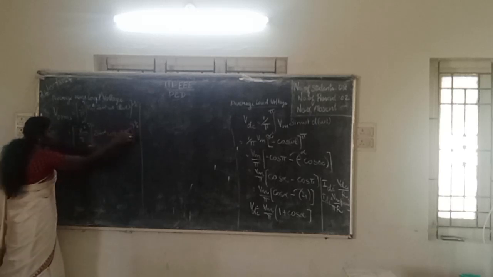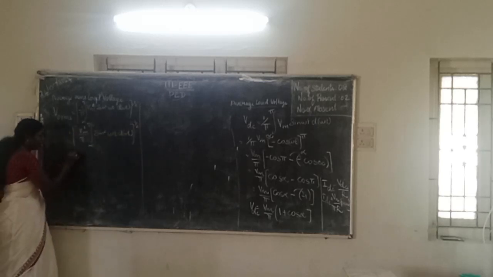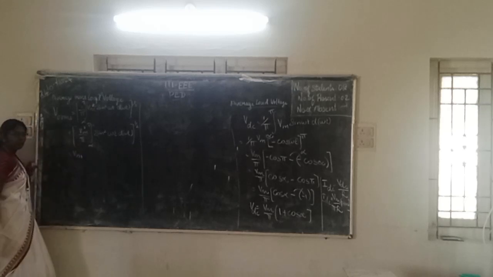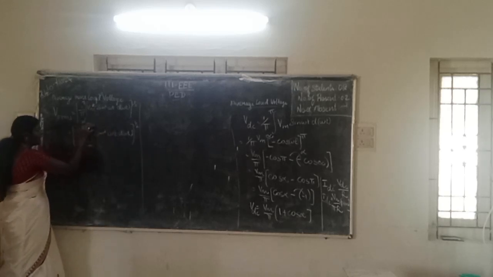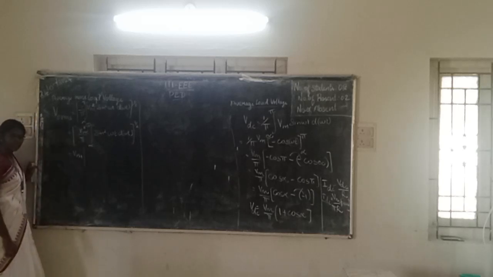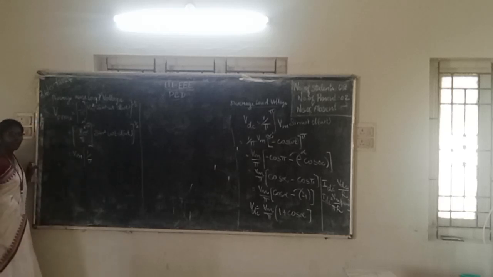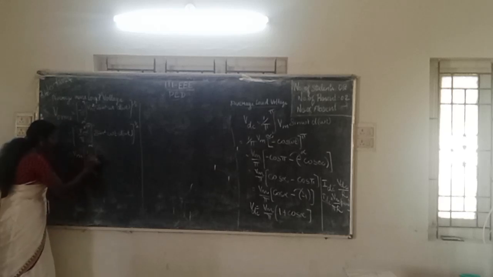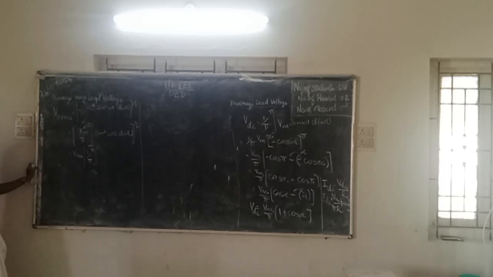Here Vm square is there. Shall I take Vm outside then? Because Vm square and this power 1 by 2 will get cancelled. So I can take Vm out of the square root. Clear? So now I can write it as Vm into 1 by 2 integral of alpha to pi. What is the formula for sin square omega t?